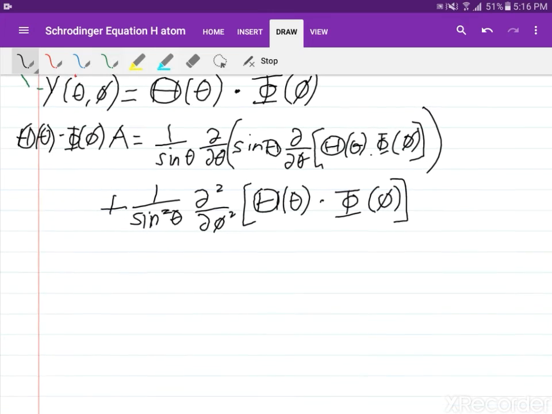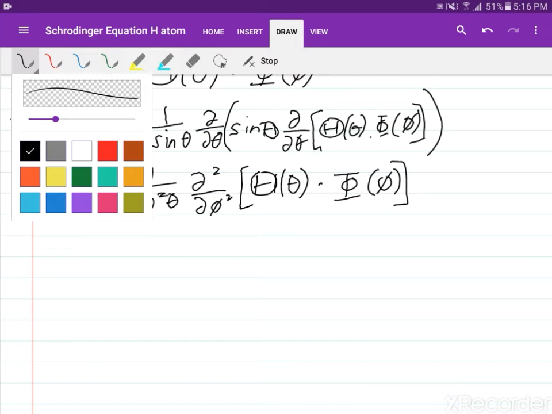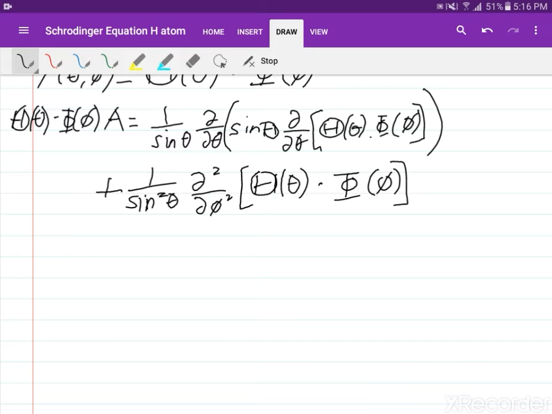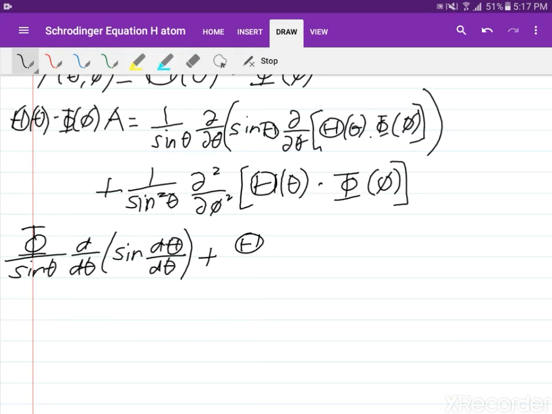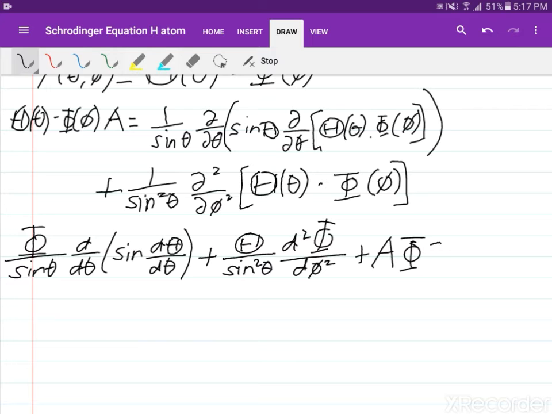So simplifying this equation, we will arrive at this form: Phi over sine theta, plus our separation constant a equals 0.